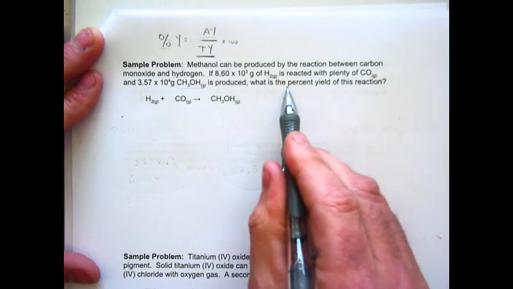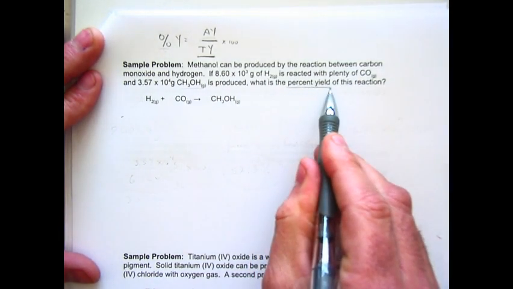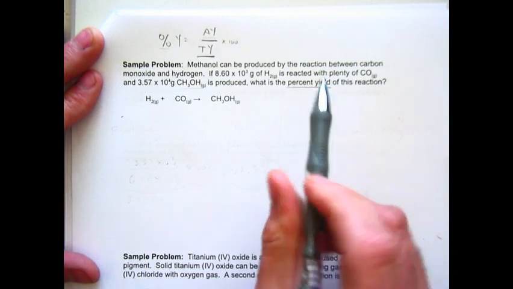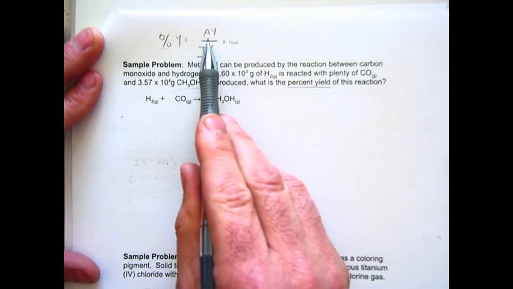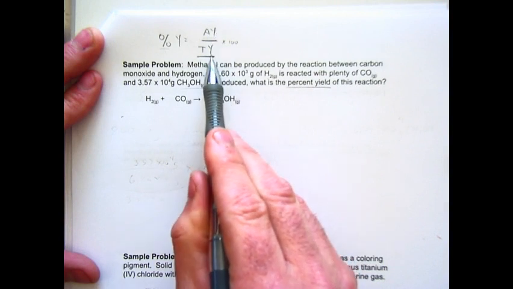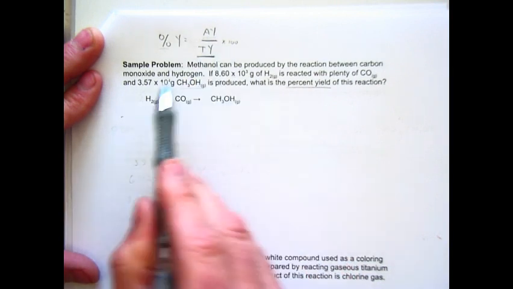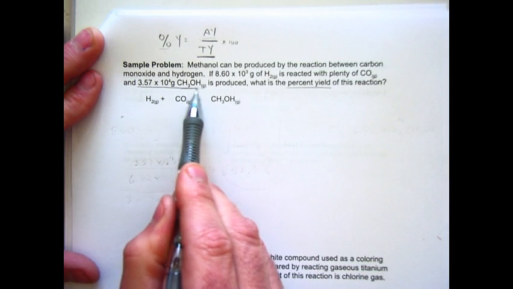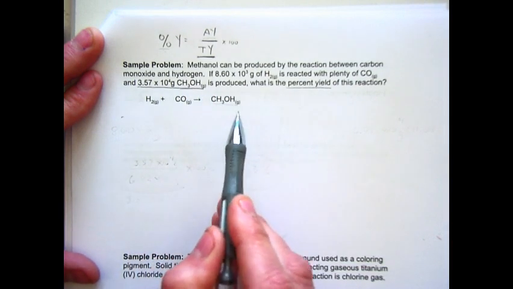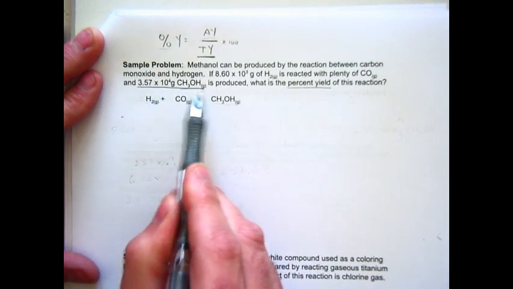So, since this question asks for the percent yield, we know that they give us the actual yield. And since yield means product, the fact that they give us the amount of a product means that this is the actual yield.